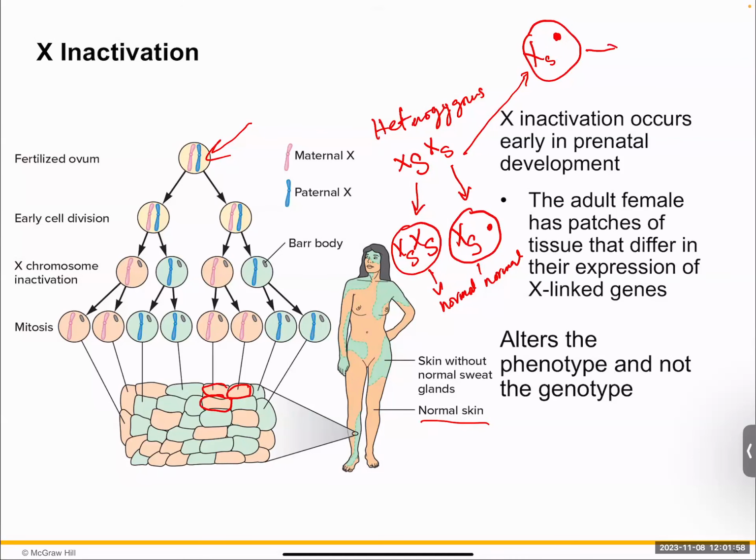In this case, the cells that have this specific pattern are not going to have sweat glands in the skin. So you have patches in your body that are green in this case because these cells have inactivated the dominant copy of the gene, and therefore the only thing that is present is the recessive copy and the absence of that trait, in this case, the sweat glands.